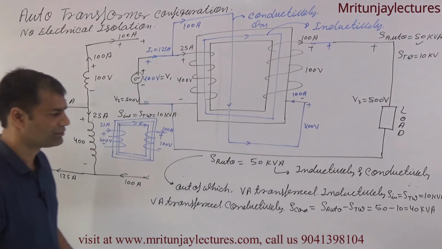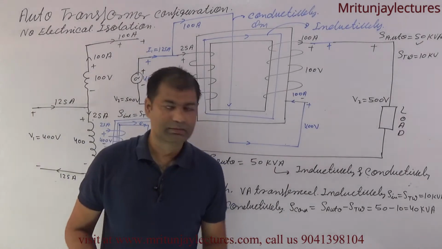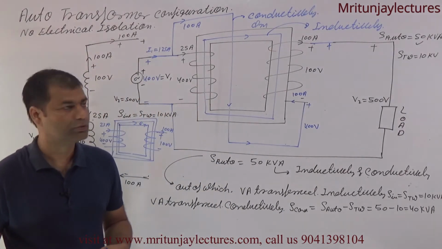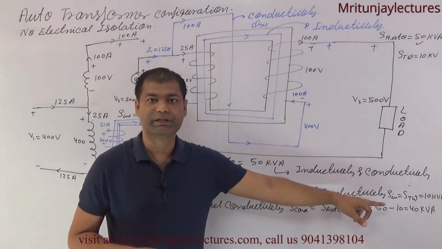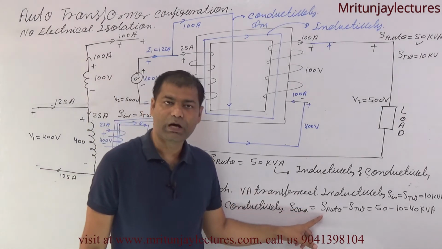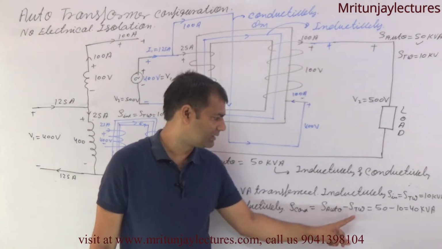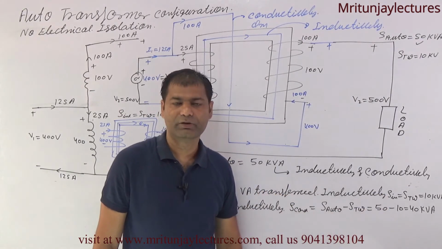So sometimes a question asks power transferred through the conducting wire, how much? That is 40 kVA. How to determine it: the rating of the auto transformer minus the rating of the two winding transformer. Finally we got 40 kVA.